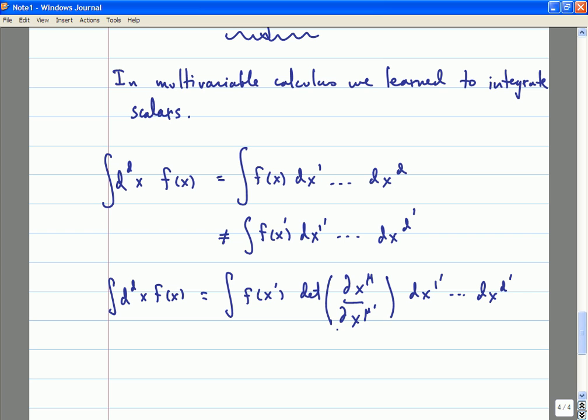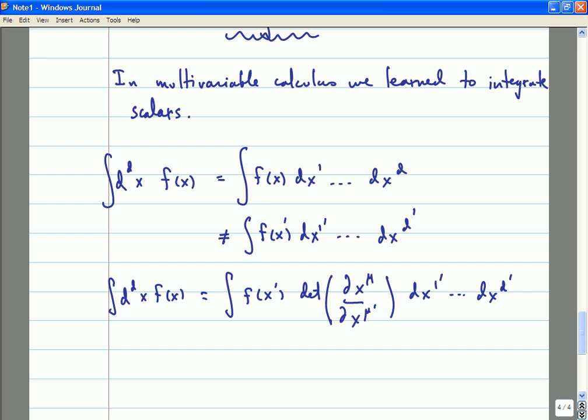So the integral formula that you learned for scalars in multivariable calculus actually was not a coordinate invariant quantity because it transformed in this funny way. And that is a sign that scalars are not what you should be integrating. In fact, if you look at the slide, there are clues hidden all over the place as to what the right quantity to integrate is.